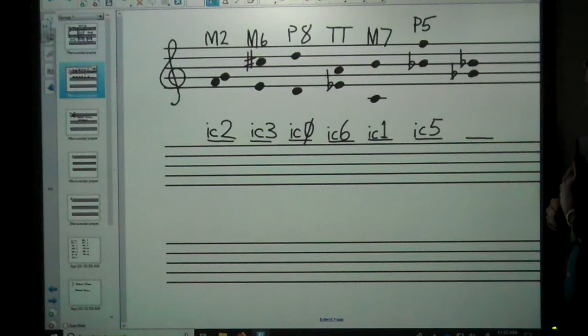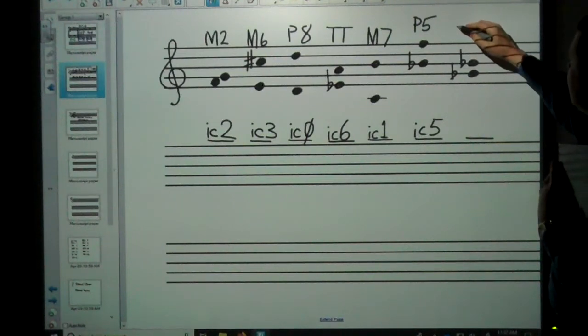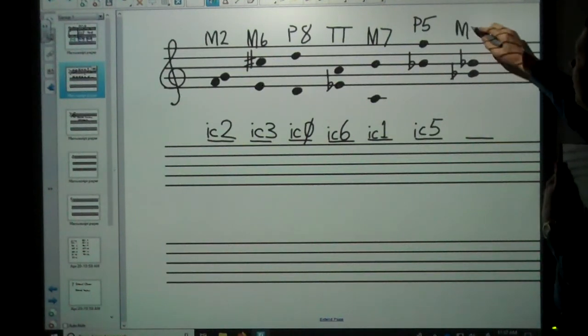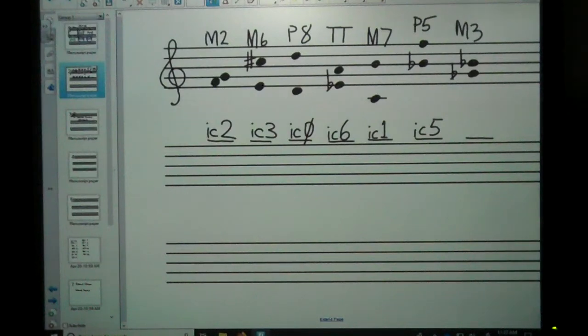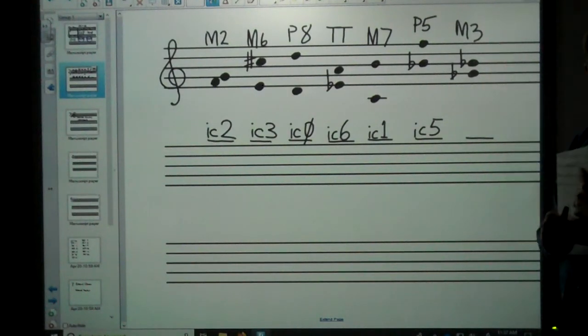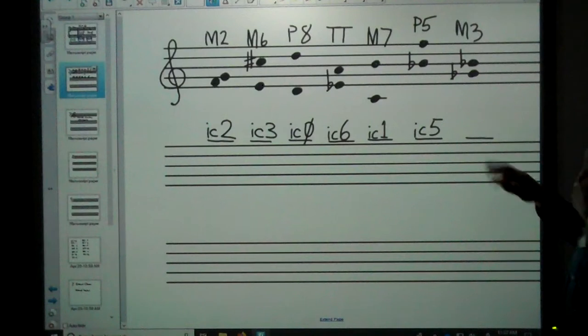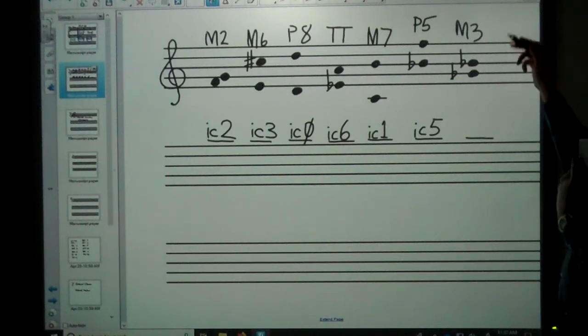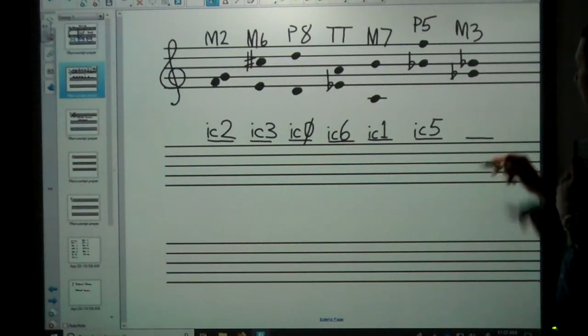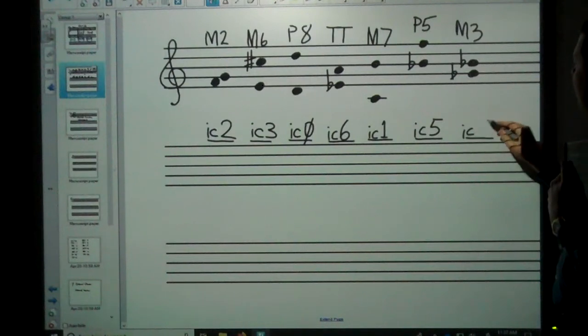And finally, G flat to B flat, that is, as written, a major 3rd. And we know the inversion of a major 3rd would be much larger, so we don't have to concern ourselves with that. How many half steps are in a major 3rd? Your answer should be 4.